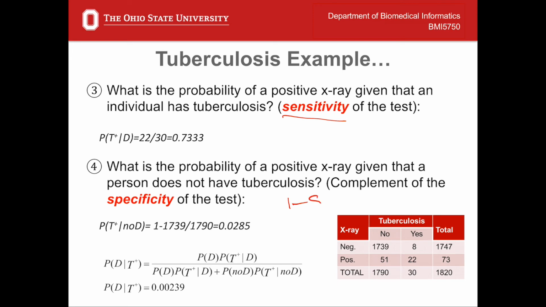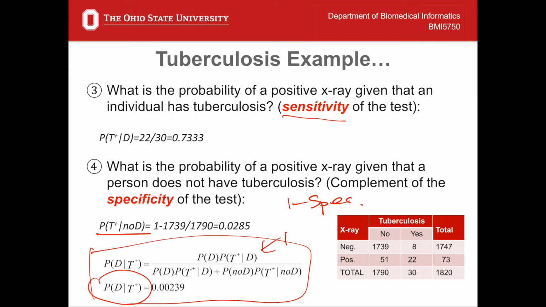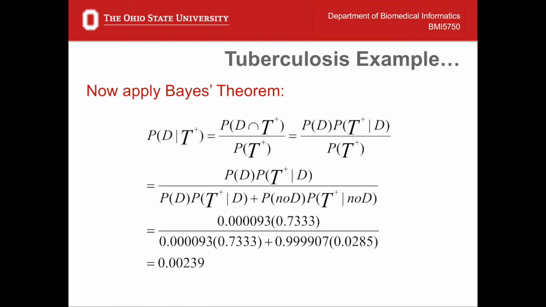This value is the complement of the specificity. We can also calculate it from the two-way table. Now we have four values, and we can use them to calculate the final result. Here we derive this result from Bayes' rule. We summarize all the calculations in one slide for your reference. And the final result is this.